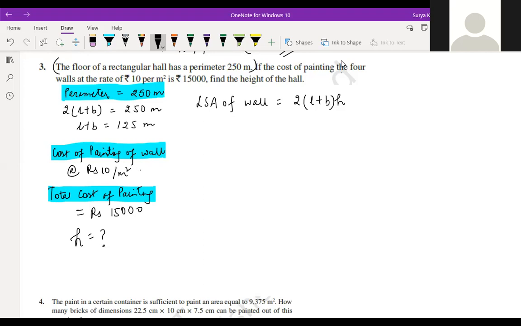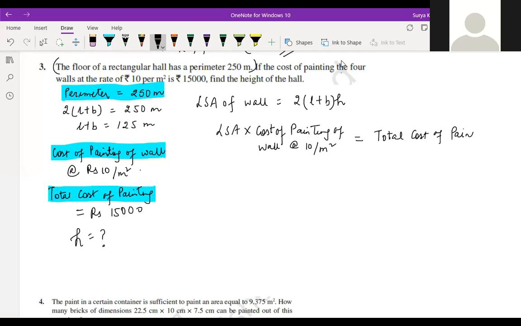Okay, so if you write here LSA into cost of painting of wall at the rate of 10 rupees per meter square, if you are multiplying LSA with this cost, we'll get what? Total cost of painting. Is it clear or not, children?